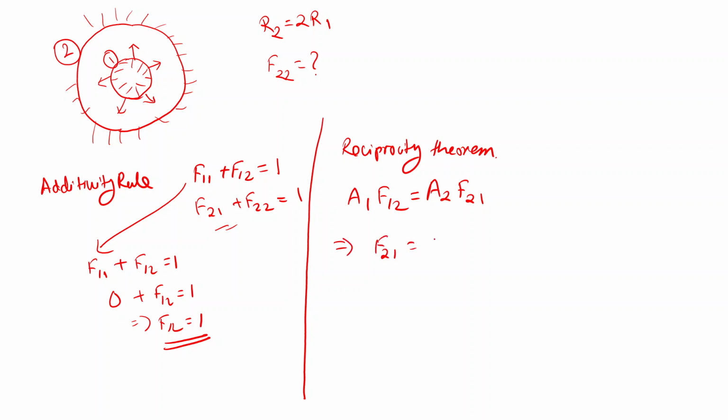That is, we can write it as A1 upon A2 into F12. Now A1 is 4 pi R1 square upon A2, which will be 4 pi, the radius becomes twice, so 4 pi (2 R1) square, into F12. That is 1 upon 4, and F12 we have found out as 1. So F21 will be 1 by 4.